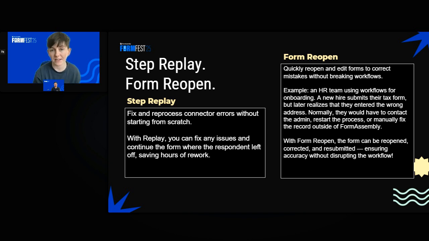Normally they would have to contact the admin and restart the whole process again, or manually fix this record outside of Form Assembly. But with form reopen, the form can be reopened, corrected, and then resubmitted. And this ensures there's accuracy of the data without disrupting your workflow.